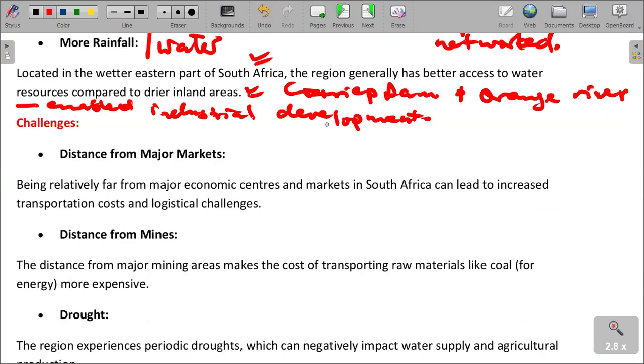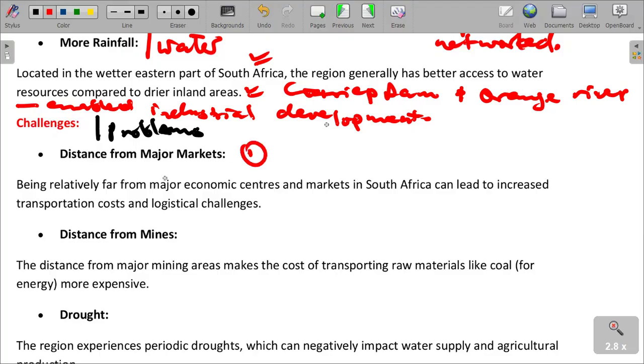So, let's look into challenges and problems. We can say challenges, we can say problems that businesses are facing, or that the region is facing. So first, we can talk about the distance from major markets.